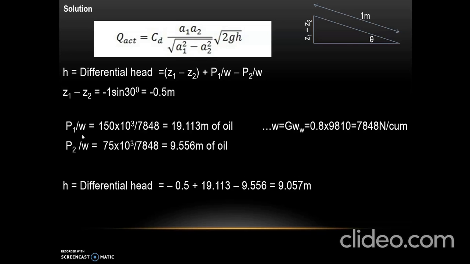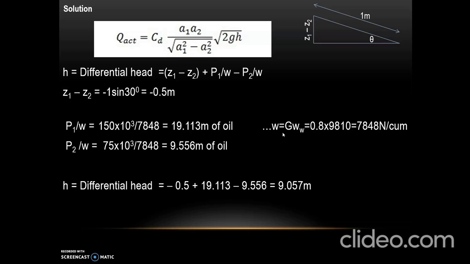Now we will find out what is P1 by W. P1 by W is equal to P1, that is 150 kPa. So 150 into 10 raised to 3 divided by W. W is not given. We need to find out the value of W knowing the value of G. The value of specific gravity is given as 0.8.